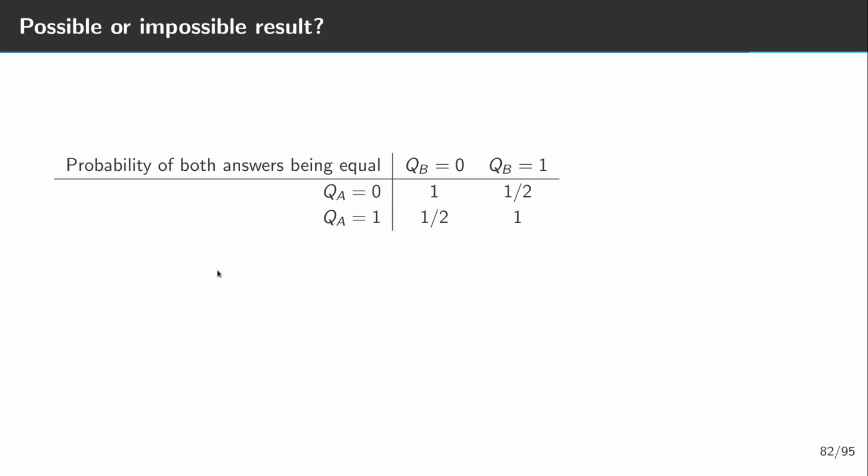The first question to the audience, that means to you, is whether the prisoners can come up with a plan that produces this probability table. We see that if we ask the same question to both, we always get the same answer, but if we ask different questions, we only get the same answer in half the cases. Now, that's my question to the audience. Is it possible for the prisoners to produce this table?